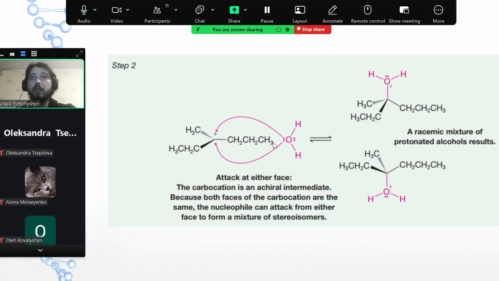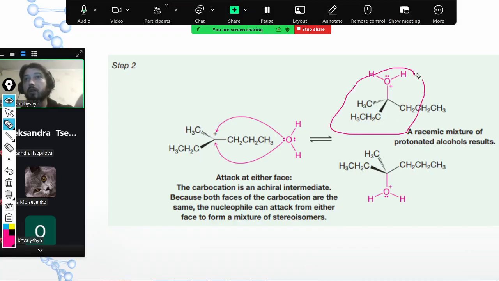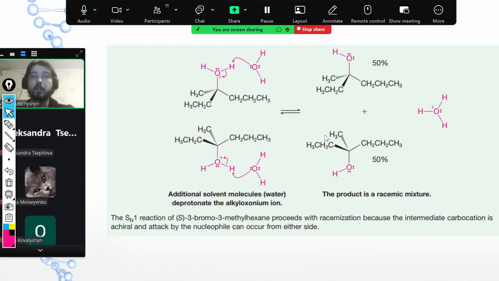Now you see that the nucleophile may attack from above or from below. If it attacks from above, you get this chemical. If it attacks from below, you get this chemical. And since you have 4 different substituents on this carbon atom, you have basically a racemic mixture of 2 different isomers. So that's what you have.